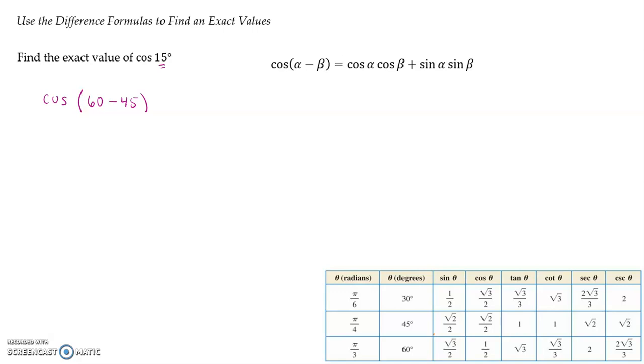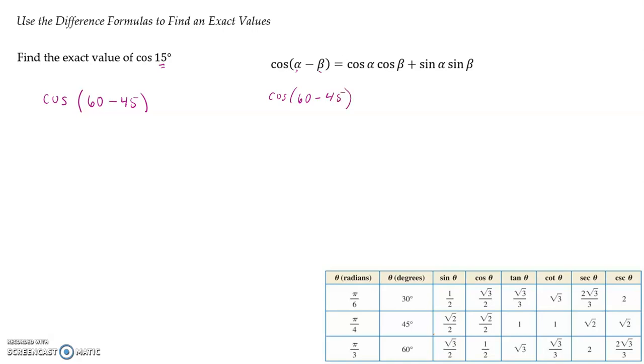So we're going to be using our difference formula for cosine that you see over here on the right hand side. And let's go ahead and plug in the pieces that we already have. So we're going to let our alpha, or our a value, be 60. And our beta, or b value, is going to be 45.